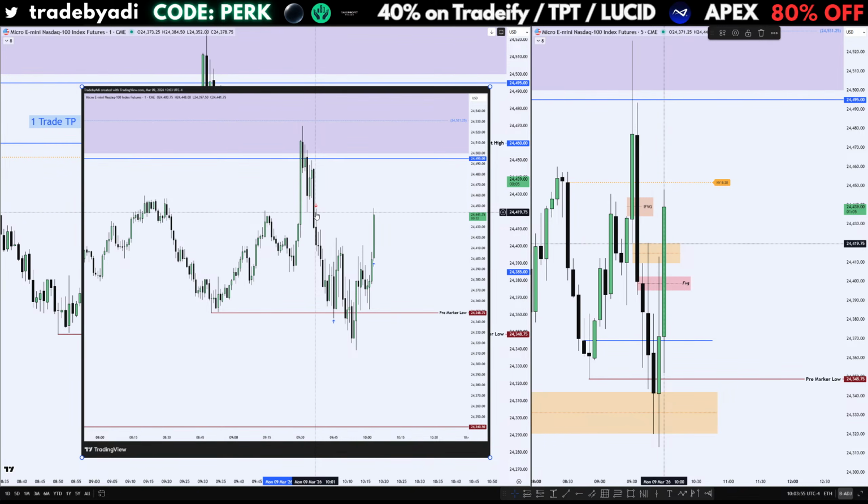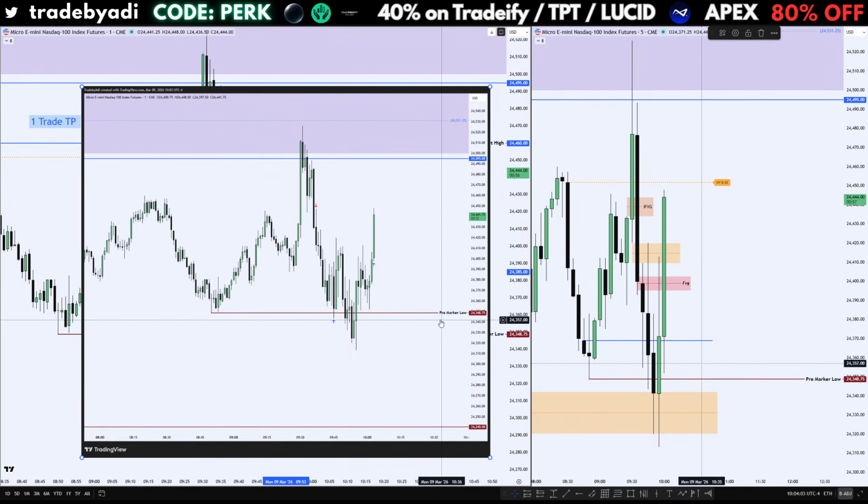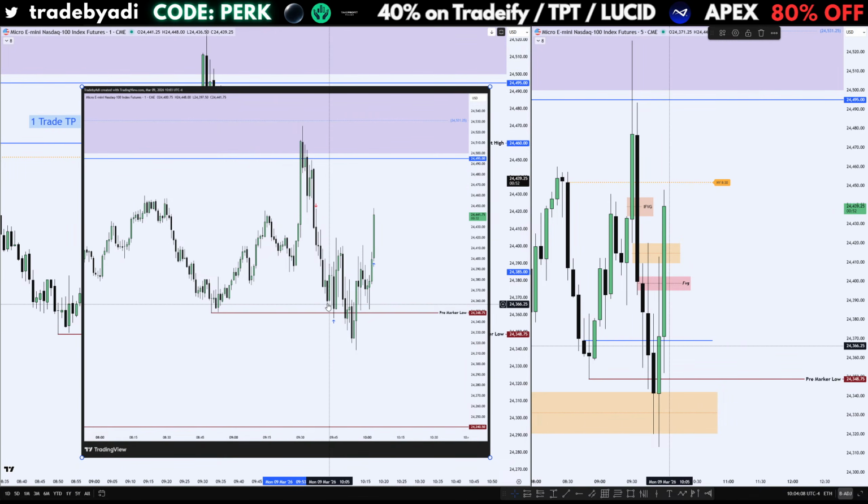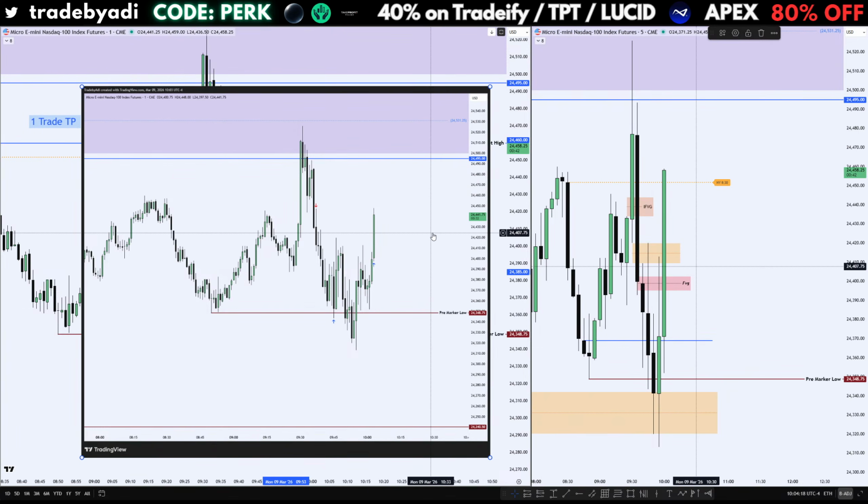Once price reacted to this, I took a sell. This was my initial target, this one, the pre-market low, and this was the trailing stop loss because we have taken out this sell side liquidity, right? So this was my setup for today.